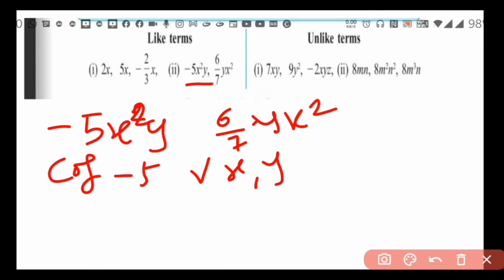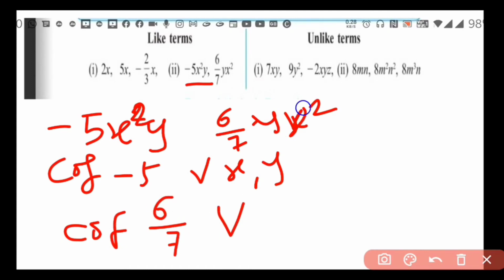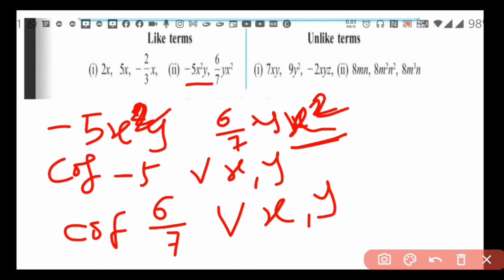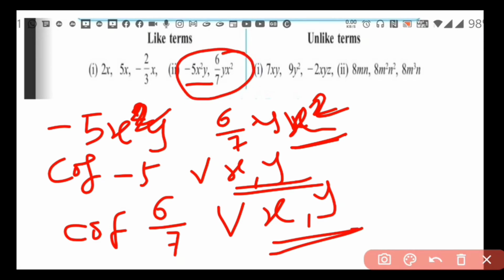We can see that the coefficient is 6 upon 7. The variables x and y are there, and x has index 2 here also. That means the variables are the same, x and y, and they have the same indices, and that's why these two terms are known as like terms.